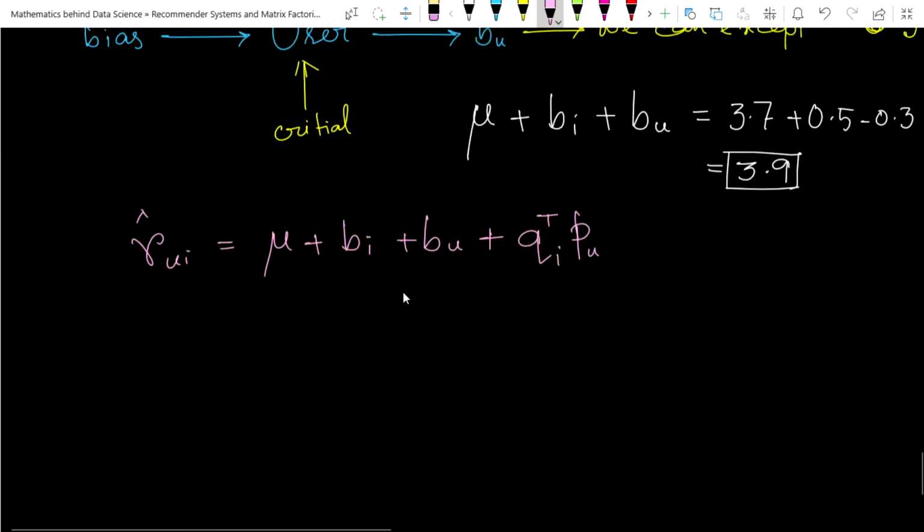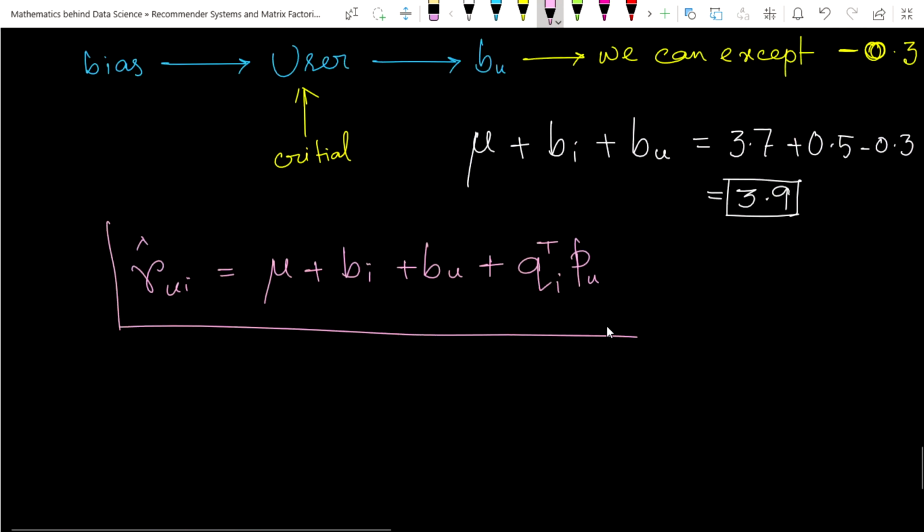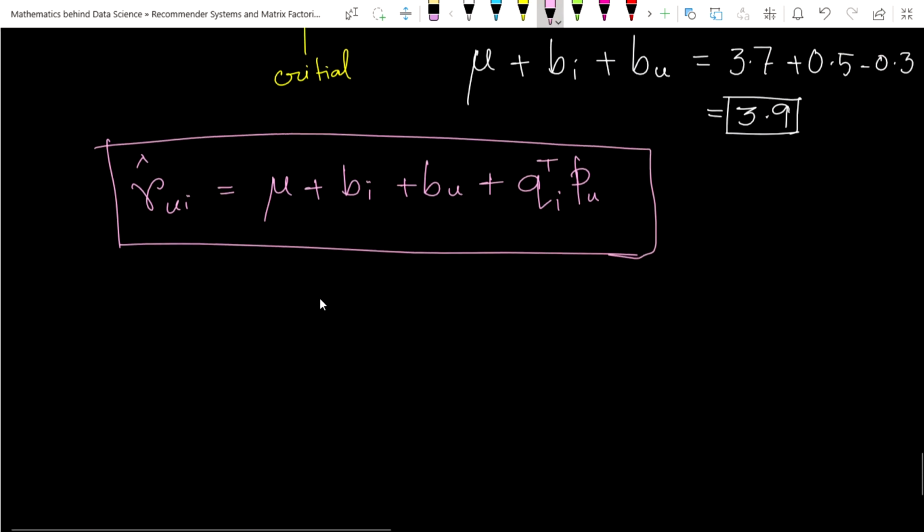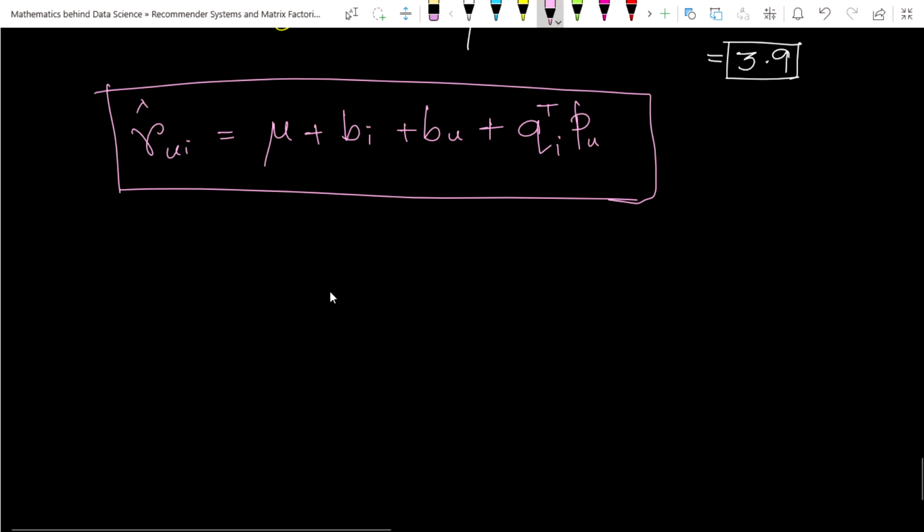That we can conclude; this will be our approximation rating.